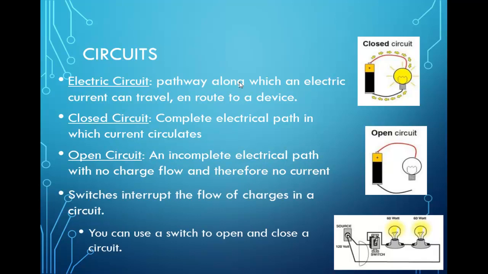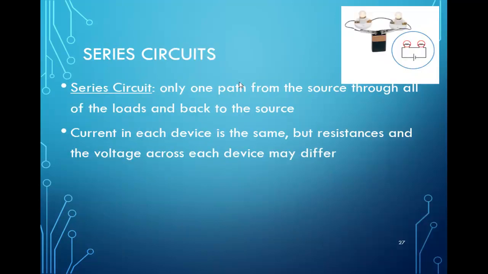Switches interrupt the flow of charge in a circuit. You can use a switch to open and close circuits. We have two ways of connection in circuits: series connection and parallel connection. In a series circuit, there is only one path from the source through all of the loads and back to the source.